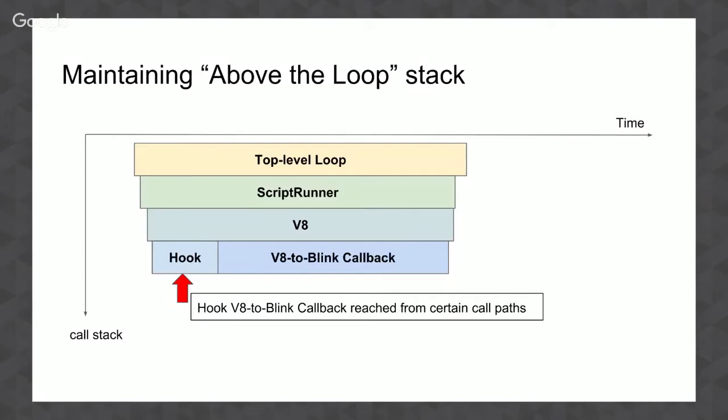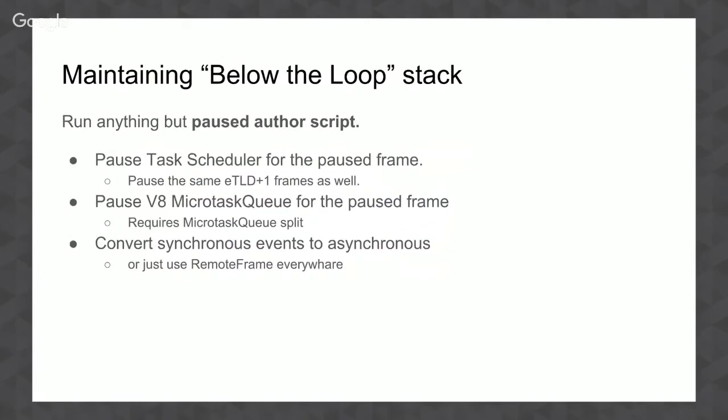In other situations, such as when V8 is not running at the top of the message loop, we don't run the nested loop, so that the above-the-loop stack doesn't contain dangerous code. And maintaining the below-the-loop stack is the hard part.